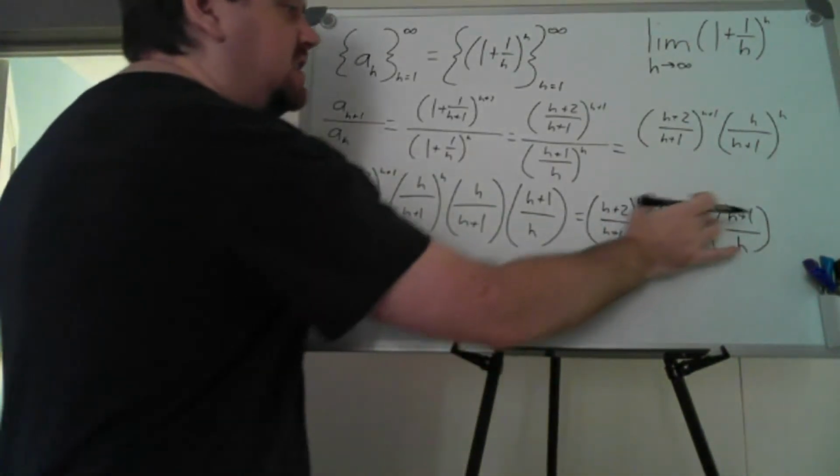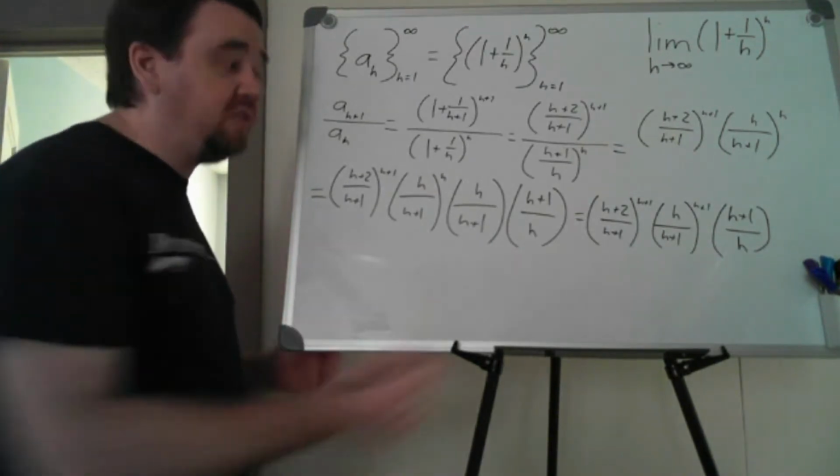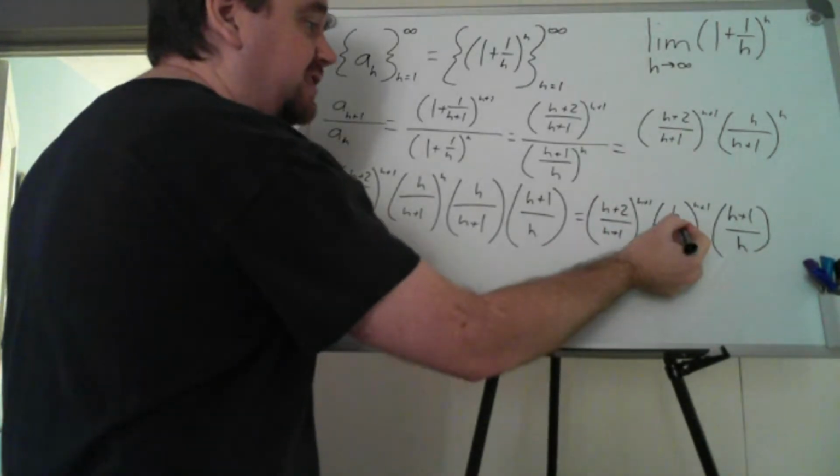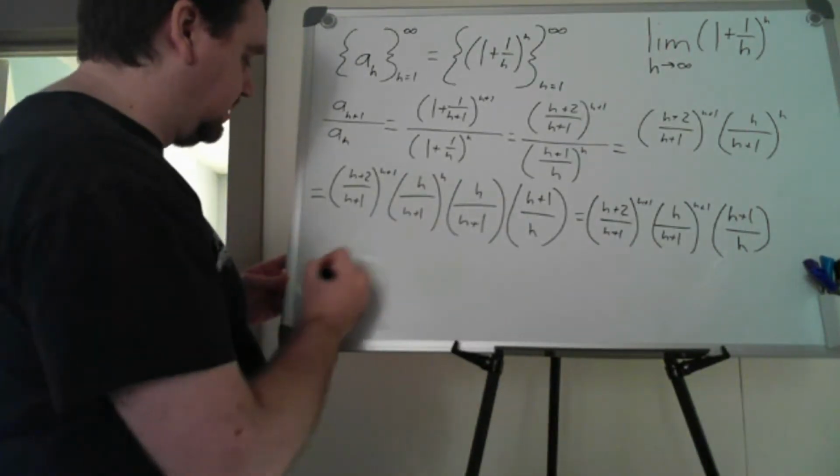And then because these have the same exponent, I can multiply their bases. So I can multiply these two fractions together and combine them under the one exponent. So that's what I'll do next.